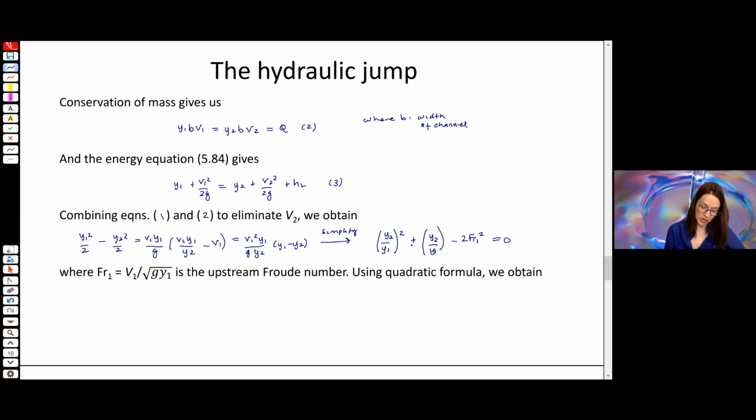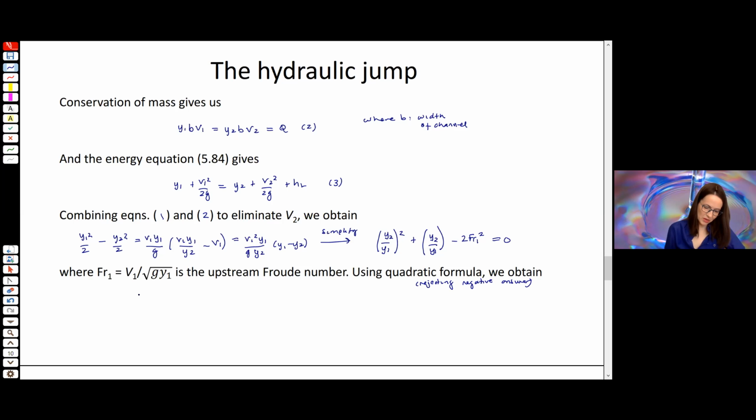Then we use the quadratic formula to solve, rejecting the negative answer. We're solving for the variable y2 over y1. We reject the negative answer from the quadratic formula because it doesn't make sense to have a negative height, or depth, of fluid.